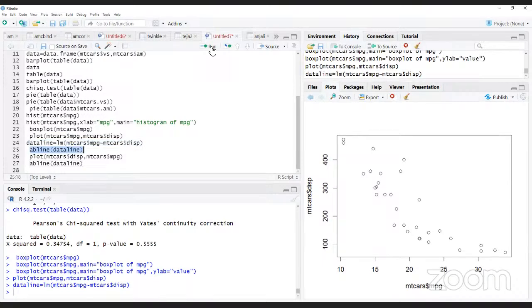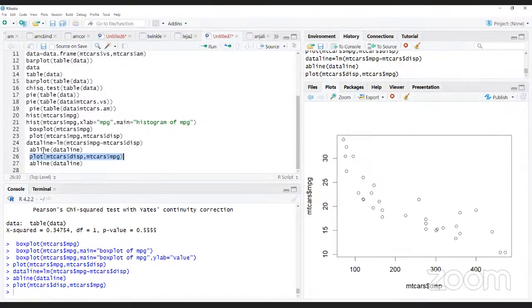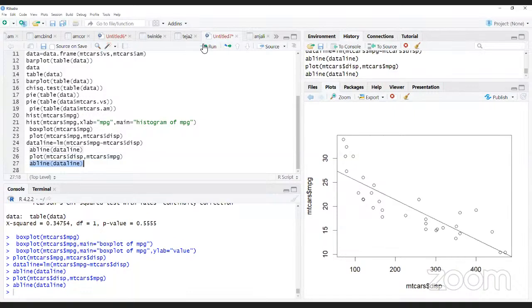Next is 25. Initially, DISP will be there.